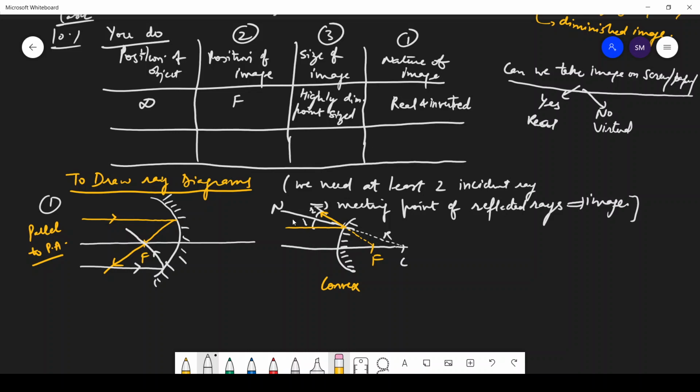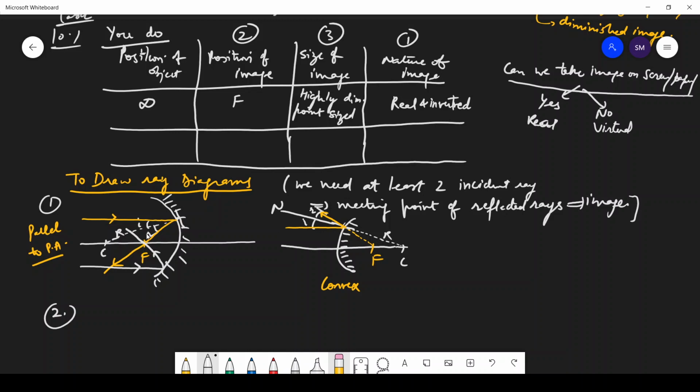Similarly here also, this was your center of curvature, this was your radius and this was your angle. So this acted as normal and tangent at this point. This was your angle of incidence and this was your angle of reflection. So students, I need not draw this angle of incidence and reflection all the time. You have understood it.